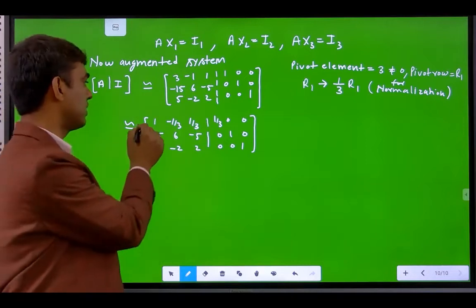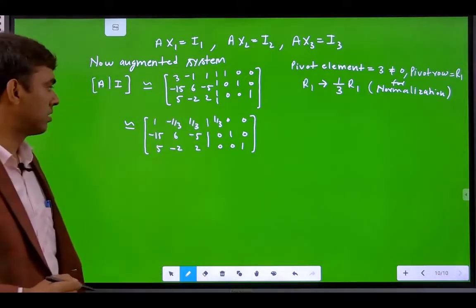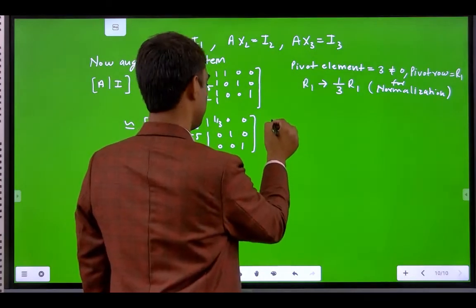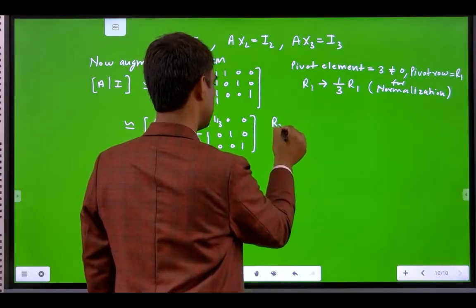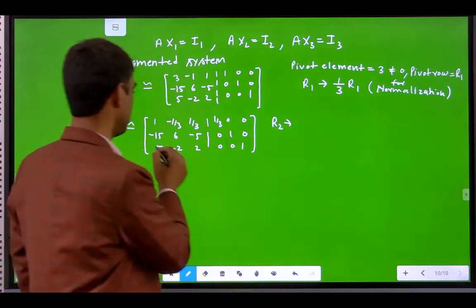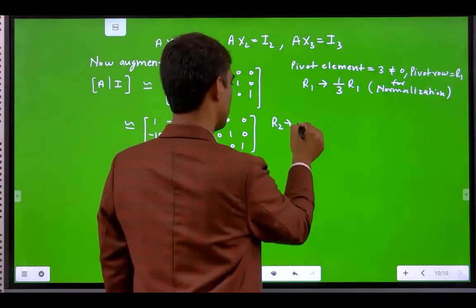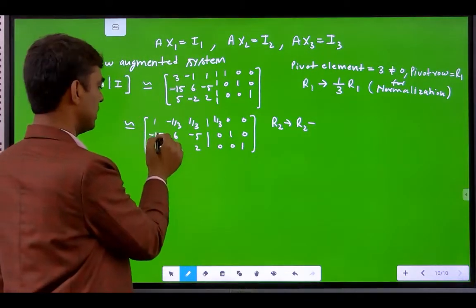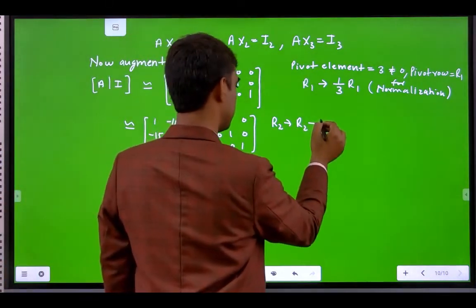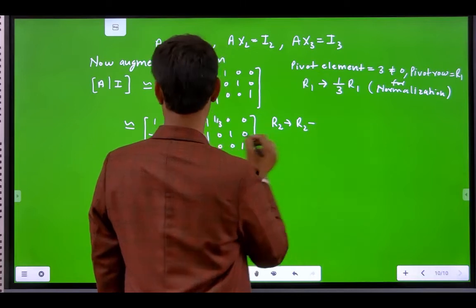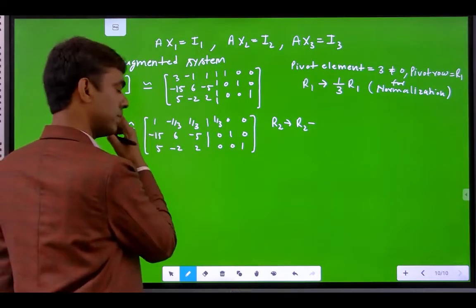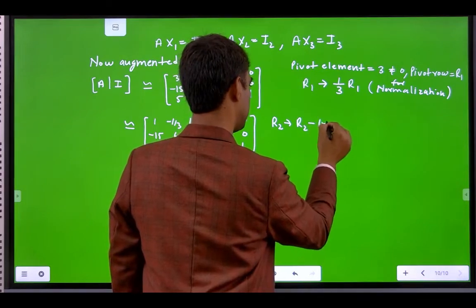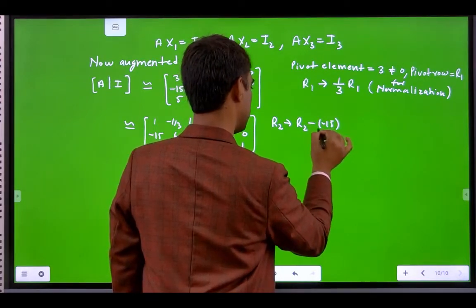Except for the first equation, we eliminate variable 1 from the second and third equations. For this, we perform the row operation on R2, a non-pivot row. R2 tends to R2 minus what? R2 minus the non-pivot element, here minus 15, divided by the pivot element.